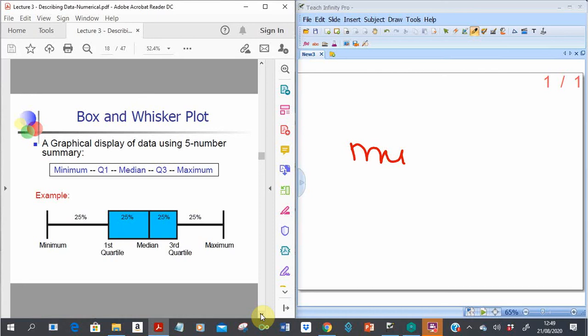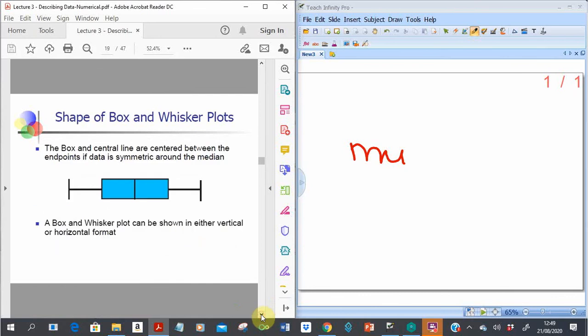These are known as the 5 number summary. The minimum and the maximum represent the endpoints. Then we put a box between the first and third quartile, and on the median we put a line as well, as you can see from there.